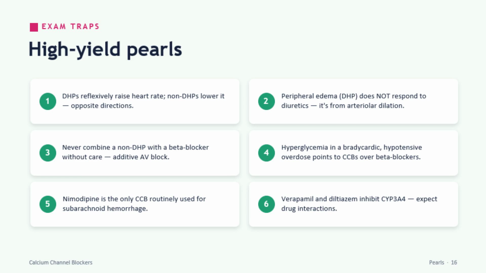Never casually combine a non-dihydropyridine with a beta blocker. 4. Hyperglycemia plus an alert patient screams calcium channel blocker overdose. 5. Nimodipine is for the brain. And 6. Watch those CYP3A4 interactions. These 6 pearls are worth real marks, so tuck them away.